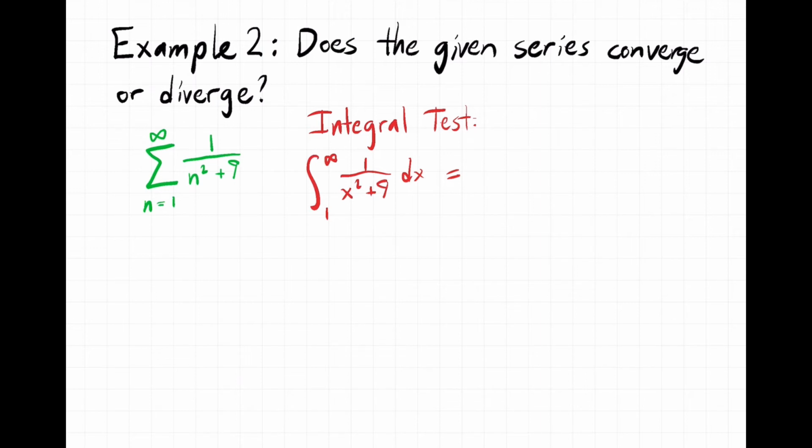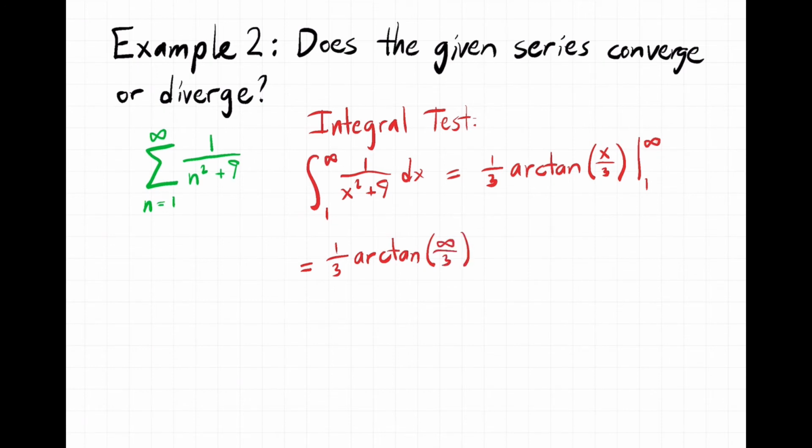If you do that, you'll find that what you get is, well, let's see, 9 is 3 squared, so we're going to end up with 1/3 arctangent of x over 3, going from 1 to infinity. So let's plug in our bounds here. We're going to have 1/3 arctangent of infinity over 3.